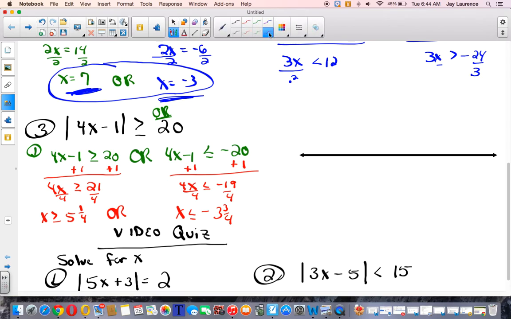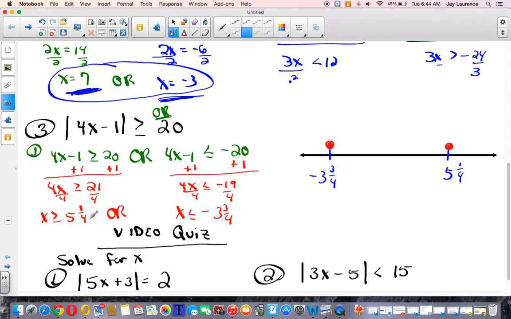So I need to show 5 1/4. And I need to show negative 3 3/4. My points will be closed points because I did say equals to. That's something that by now you just have to stick on a brain cell. You just can't let yourself forget that anymore.